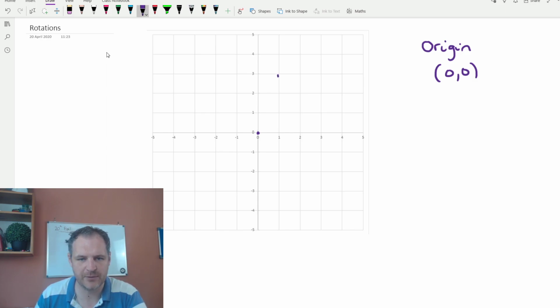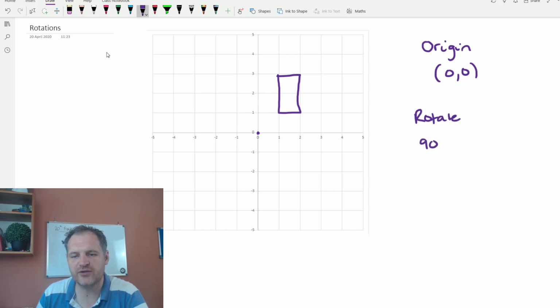We then get a shape. That's not the neatest rectangle in the world, but you all know it's a rectangle. And we're going to rotate 90 degrees clockwise. In order to do this, I think it's quite useful to do the following. You don't have to, but I think it helps.